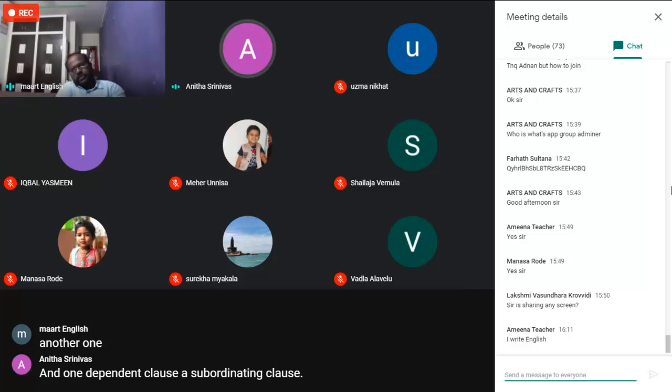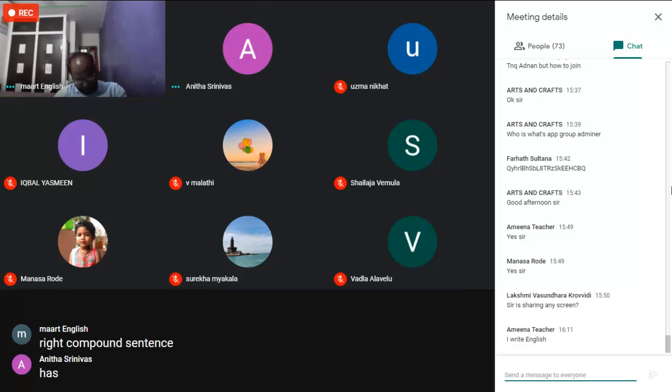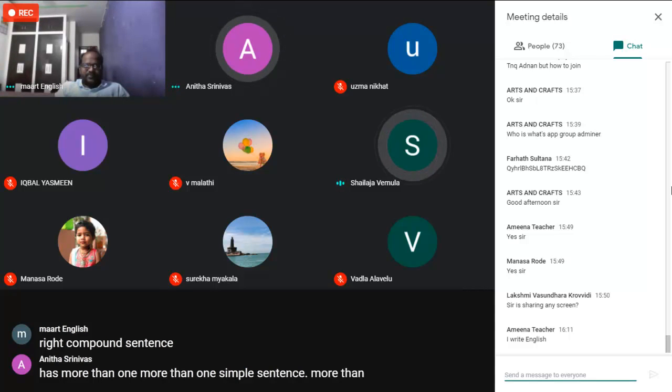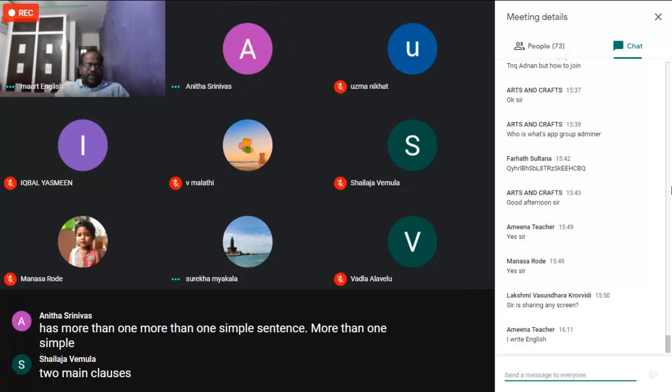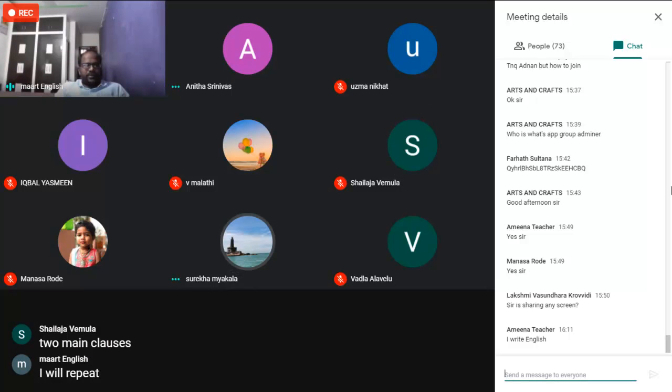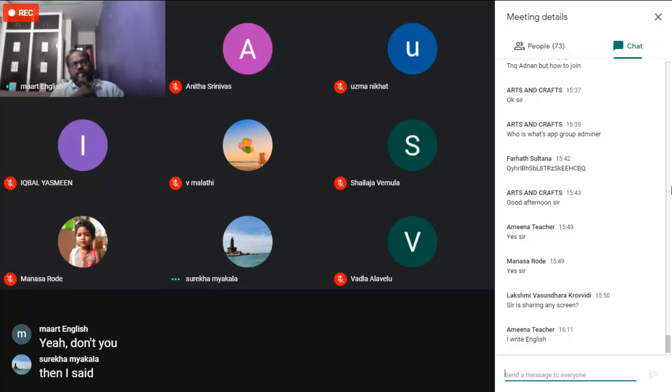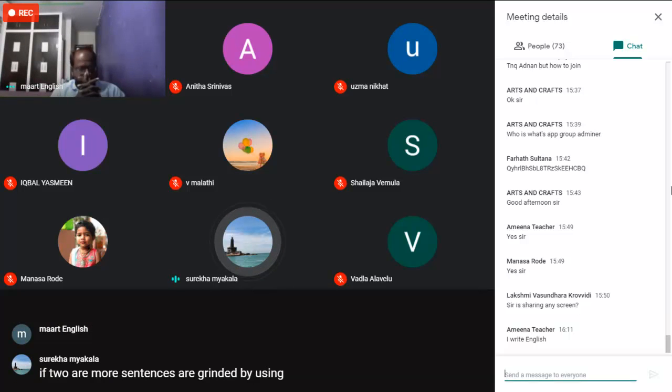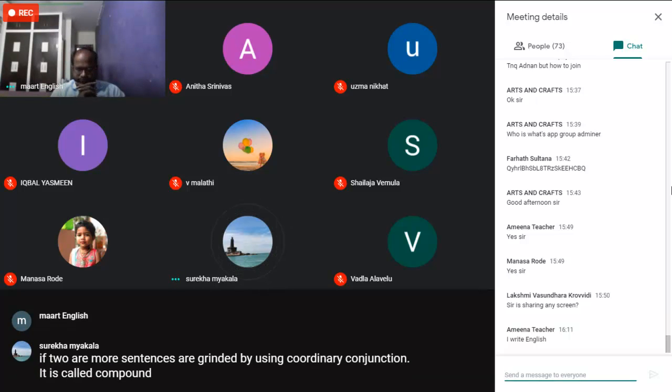A compound sentence has more than one simple sentence, more than one main clause. Don't get any confusion. If two or more sentences are joined by using a coordinating conjunction, it is called a compound sentence.